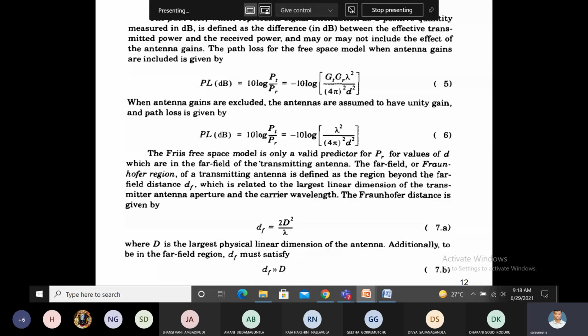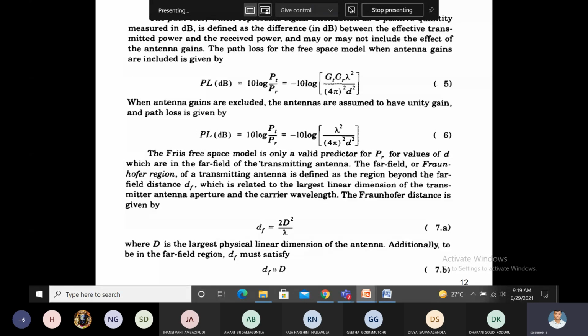We know that in the free space equation, small d is nothing but the separation distance between the transmitter and receiver. Suppose the separation distance between transmitter and receiver is high, in terms of kilometers. At that time, the separation distance is the far field or Fraunhofer region.